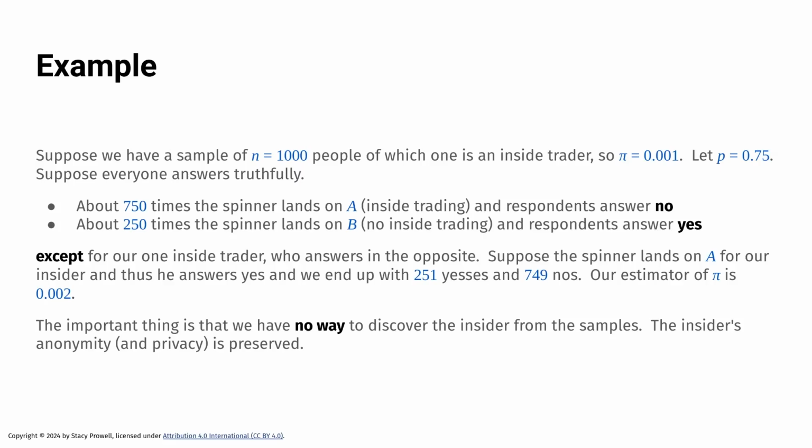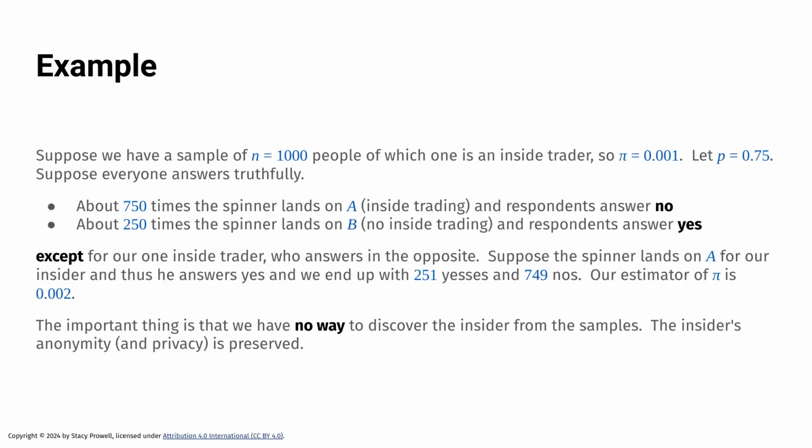So suppose the spinner lands on A for our insider, we wind up with 251 yeses and 749 no's. Based on this, we plug in, we find out that our estimator for pi is 2 out of 1,000. It's not exactly correct. It's an estimate. But man, is it pretty close.